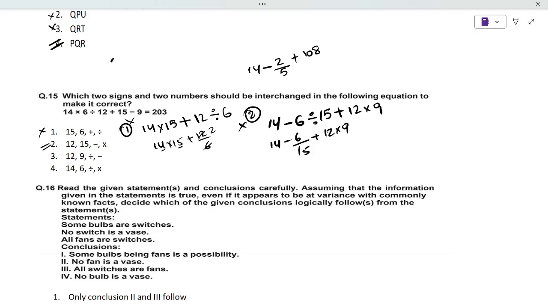Let's check option number 3. 12 and 9, and division and minus should be interchanged. So 14 into 6, division should be changed to minus, 12 should be 9, plus 15, and then here minus should be what? Division, right?